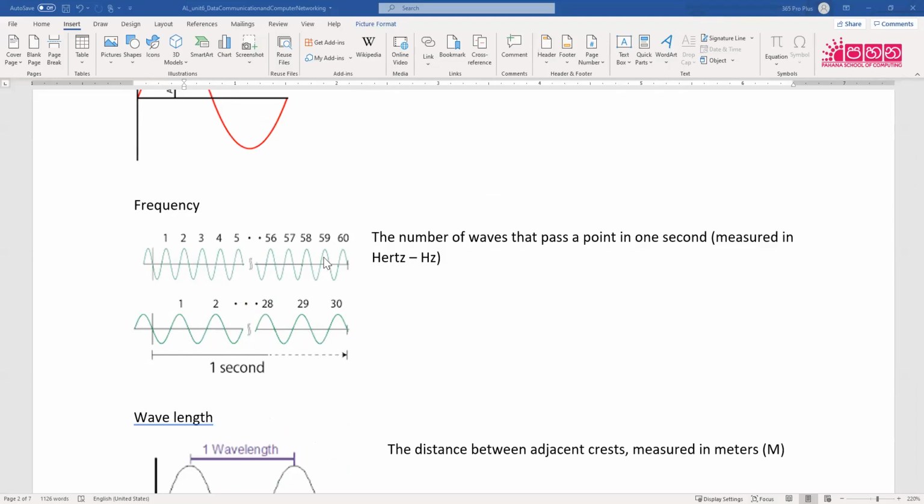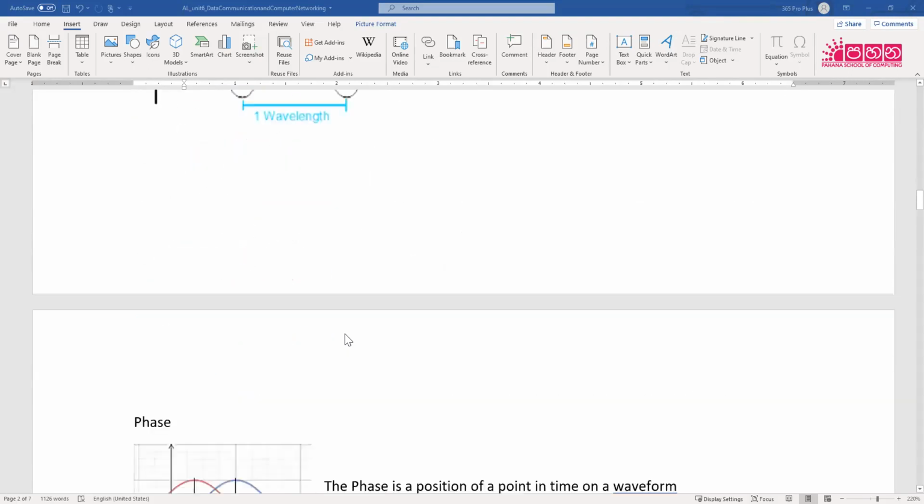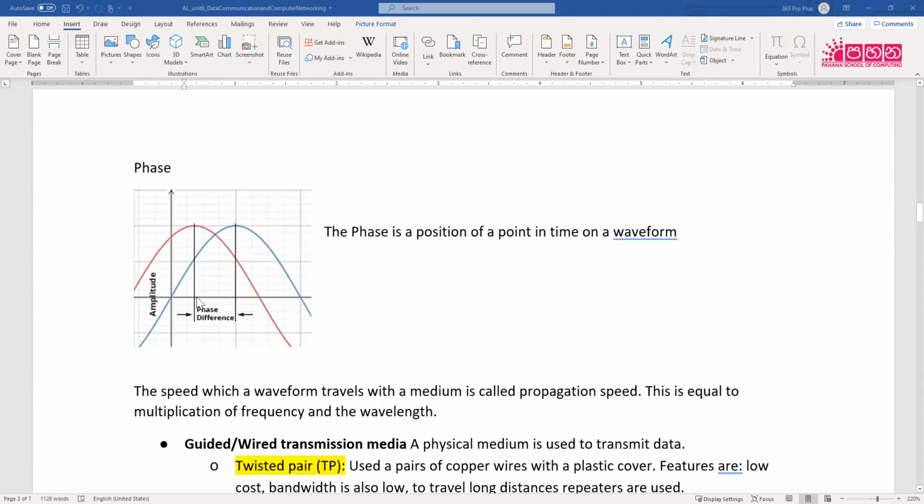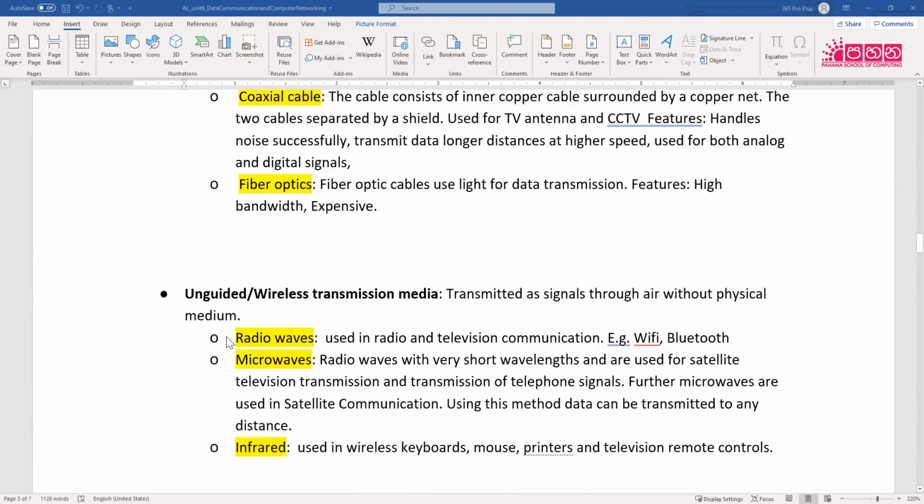So this is higher frequency, this is lower frequency. Then we have phase, which means the shift. If you take the upper point here, the shift is known as the phase difference. In modulation, we can make use of amplitude modulation, frequency modulation, and phase modulation.